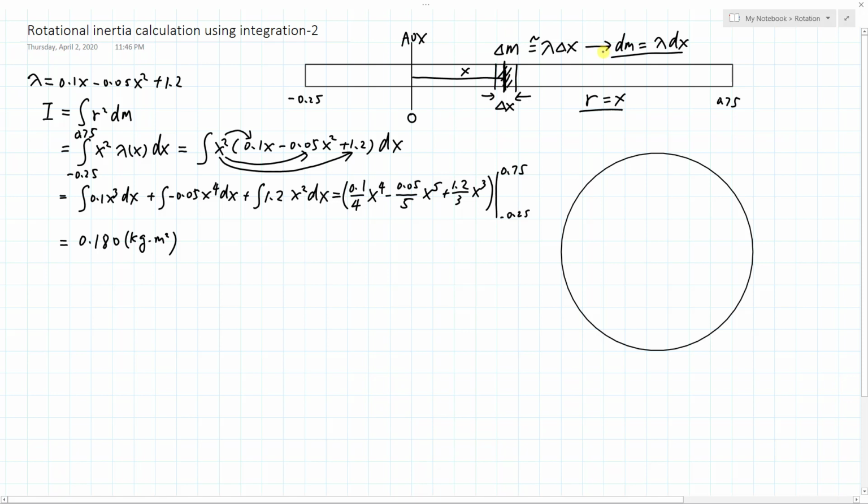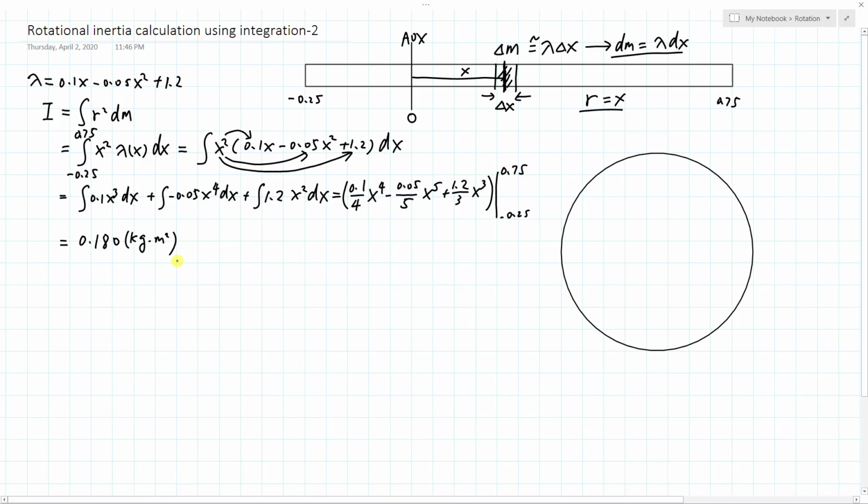With the limit of delta x going to 0, I get dm on the left side and lambda dx. This is how I turned this part into something I can integrate. Secondly, I took the distance from this piece to the origin, that is x. So r is equal to x. I replaced r with x, and now I have everything that can be integrated with respect to x. So I integrated all the terms, plugged in the limits, and got this value.